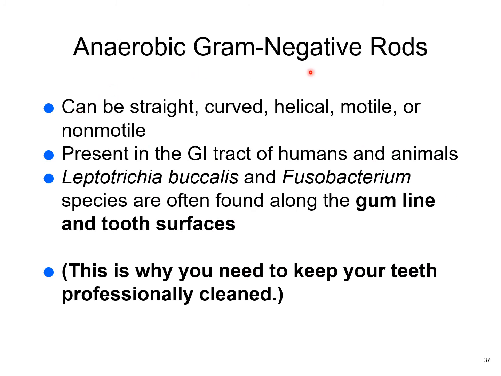Okay, anaerobic gram-negative rods can be many different types, but Leptotrichia and Fusobacterium are some we're going to mention. They grow along the gum line and tooth surfaces. If you don't get your teeth cleaned, they get under the gum line, and since they're anaerobic, they just grow beautifully. If you get tartar buildup, there are places that oxygen can't get to, and they start to grow.